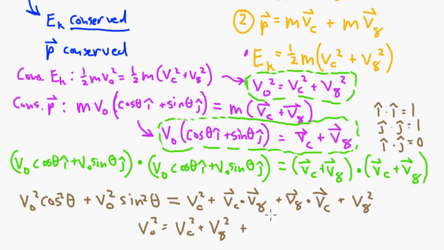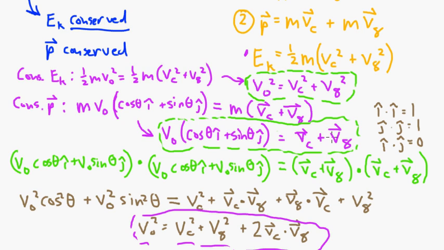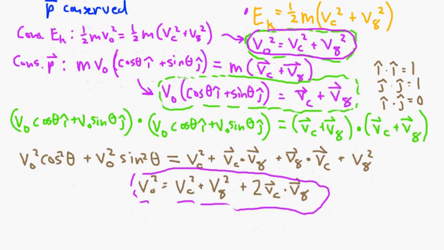So we have this equation here, but what I want you to look at is to compare this purple thing to this purple thing up here, where we see V naught squared is VC squared plus V8 squared. That's from our kinetic energy balance. Because these things are all equal, that means 2 VC dot V8 must equal 0, which means VC dot V8 equals 0.